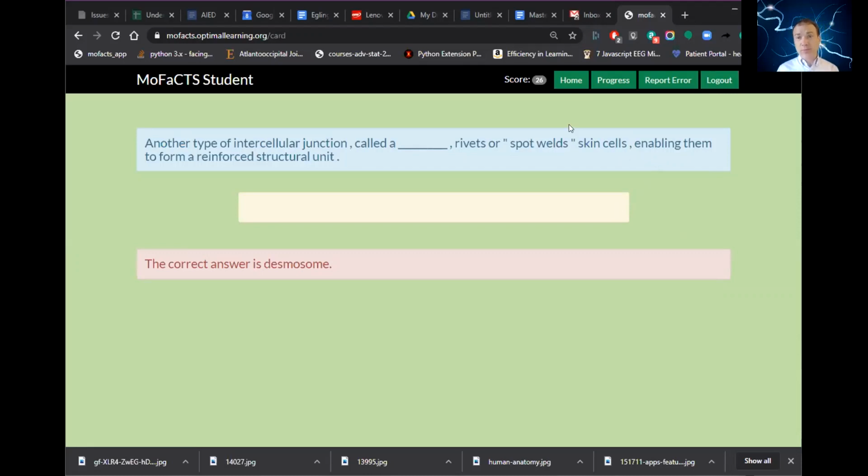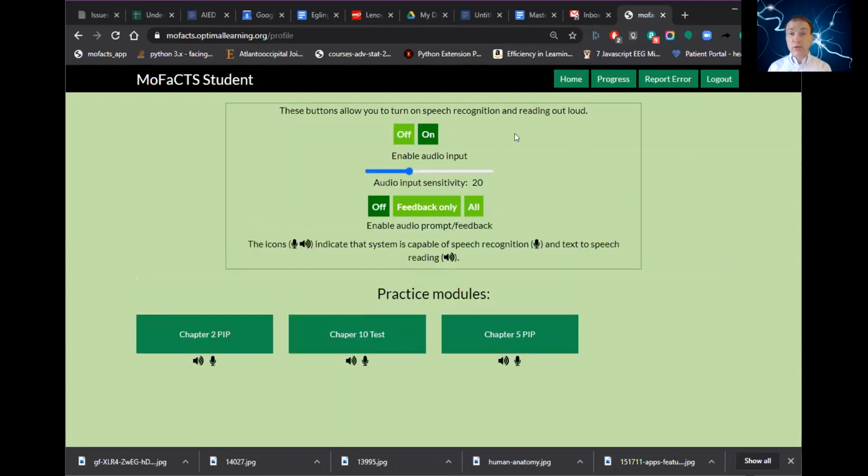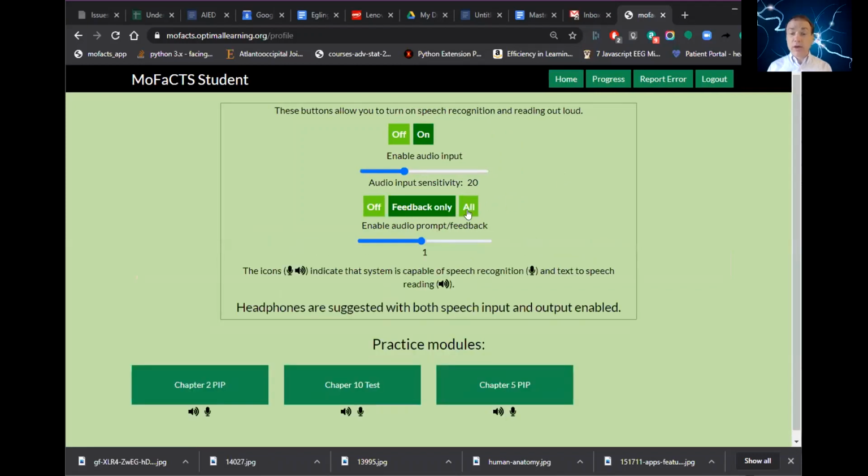So I'm going to go home here and just show you one more thing. You can, of course, do this without typing. Just turn on the speech recognition here and then turn on the feedback. You can have it read everything, but I like to have it only read the feedback.